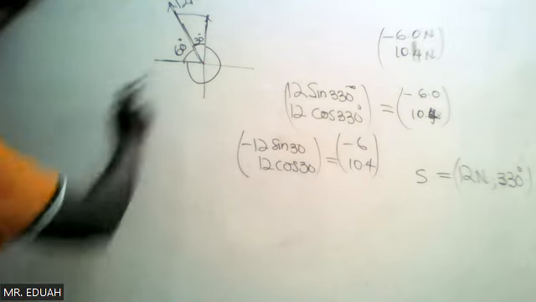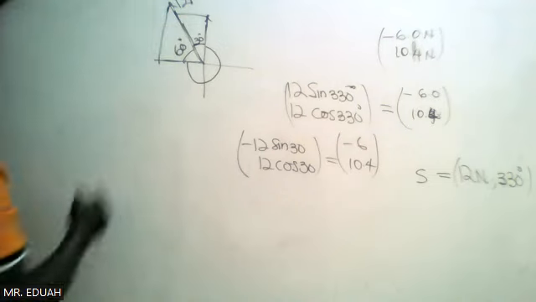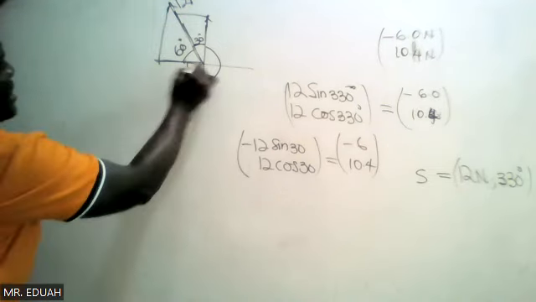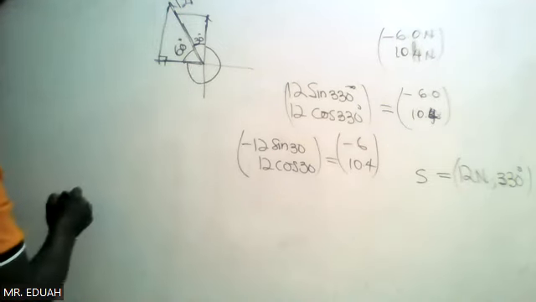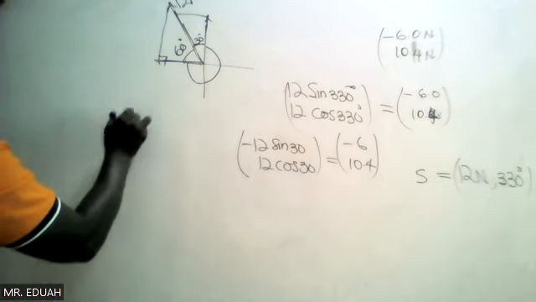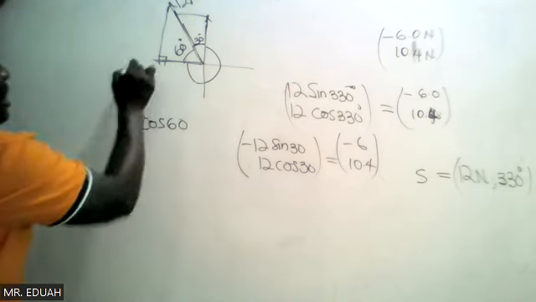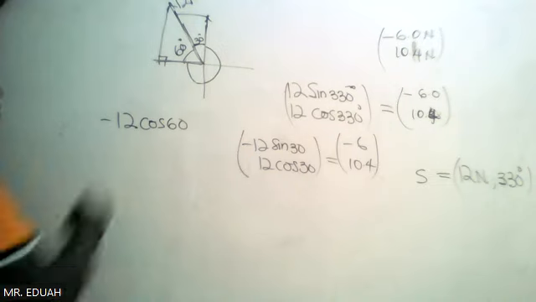Now, when we use the angle to the x-axis, we have this. The x component is 12 cos 60. This is along the negative x-axis, so negative.